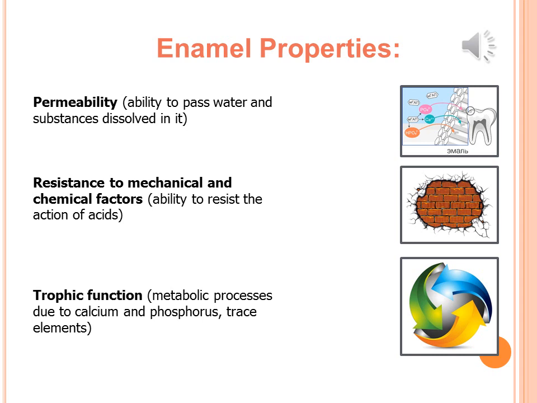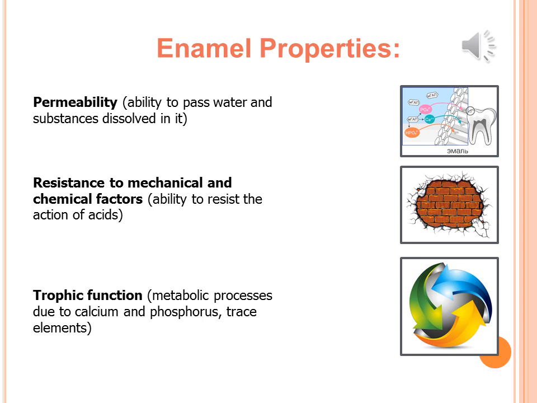Also, resistance to dental caries will depend on the properties of the enamel. Among them are permeability. This is the ability to pass water and substances dissolved in it. Resistance to mechanical and chemical factors. This is the ability to resist the action of acids.